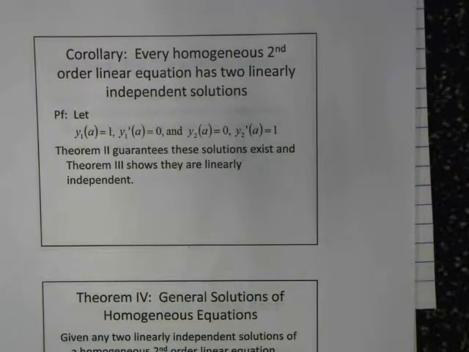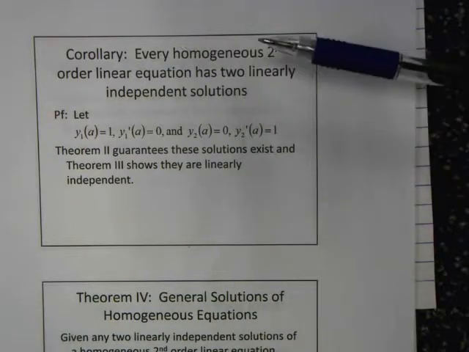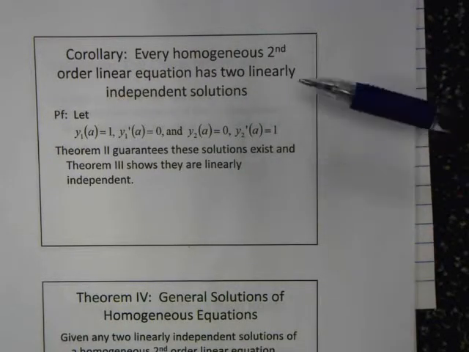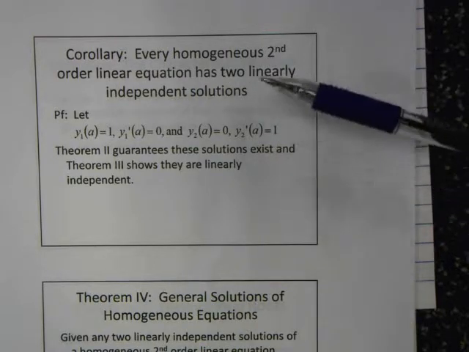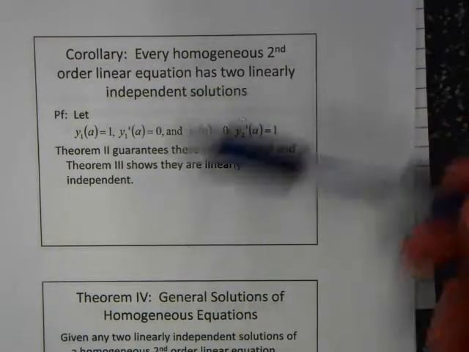Something that's correlated? No. A corollary is a little fact that comes immediately from the last fact that you talked about. So that's called a corollary to a theorem. So this corollary says every homogeneous second-order linear equation has two linearly independent solutions.